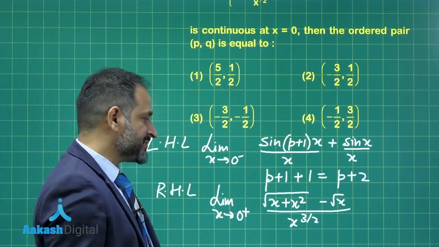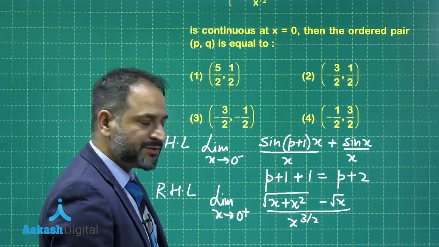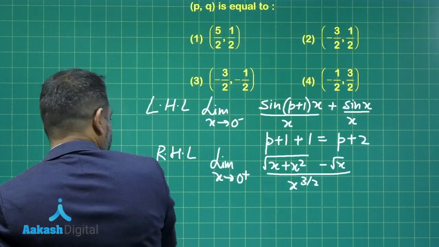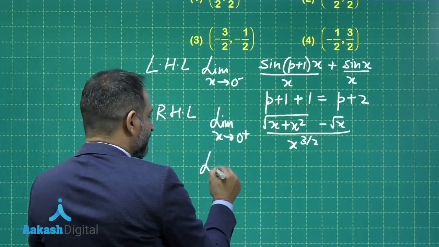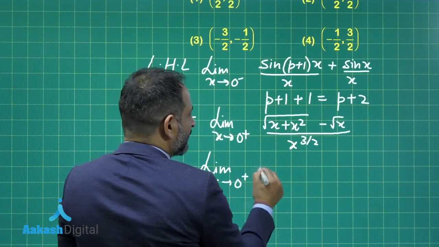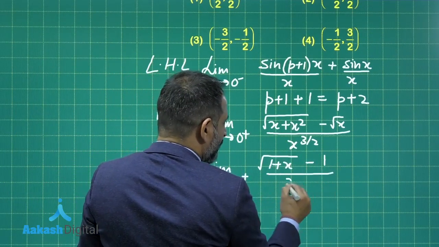Now, you can notice root of x is common in the numerator and denominator. So, we are going to cancel this out. So, from here we have, cancelling root x, x is tending to 0 plus, we have (root of 1 plus x minus 1) upon x.